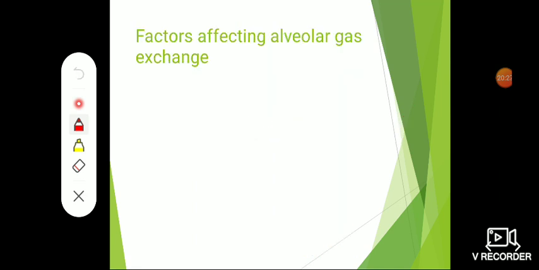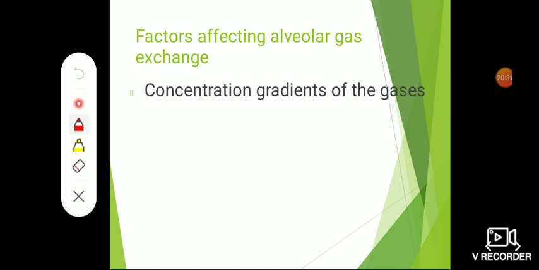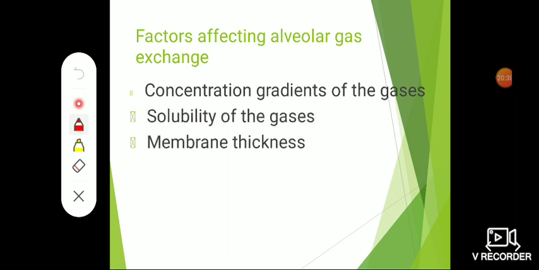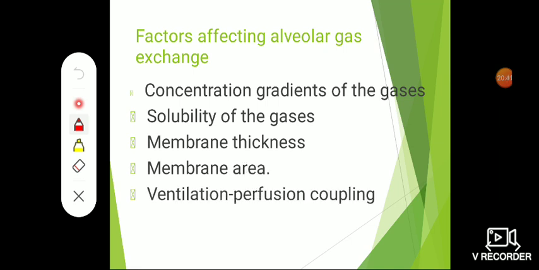So these are the factors affecting alveolar gas exchange: concentration gradient of gases, solubility of gases, membrane thickness, membrane area, and ventilation perfusion coupling, which we have discussed in the previous lecture.